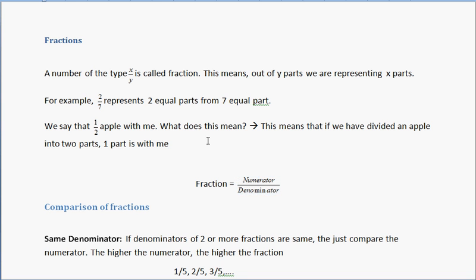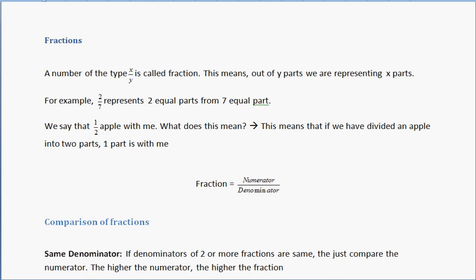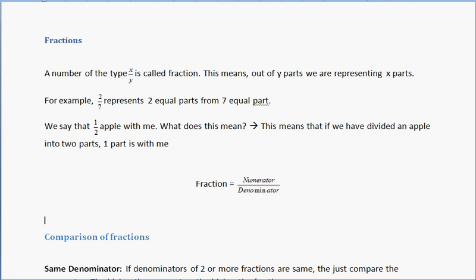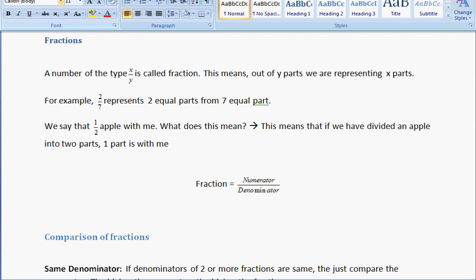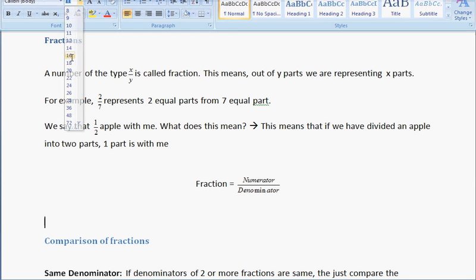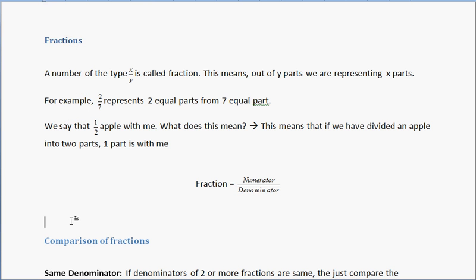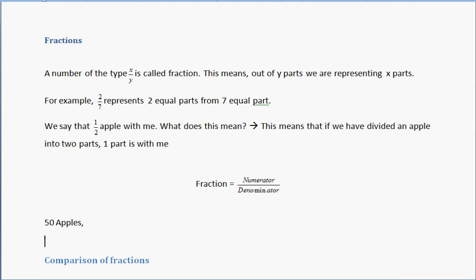Let's take another example to put things in perspective. Let's say we have around 50 apples, right? And I give you 10 apples. How many apples did I give you? I give you 10 by 50, right?